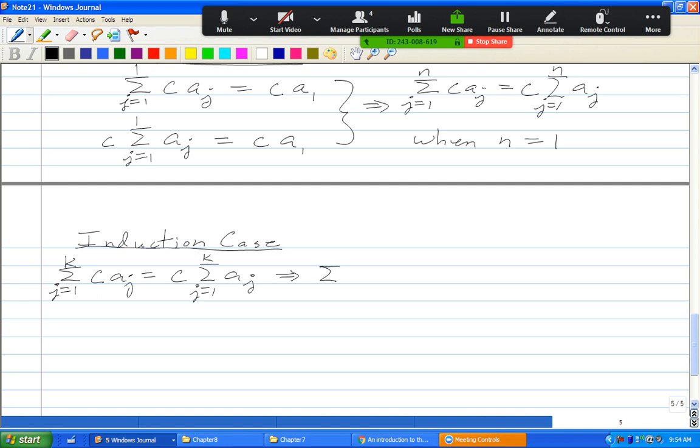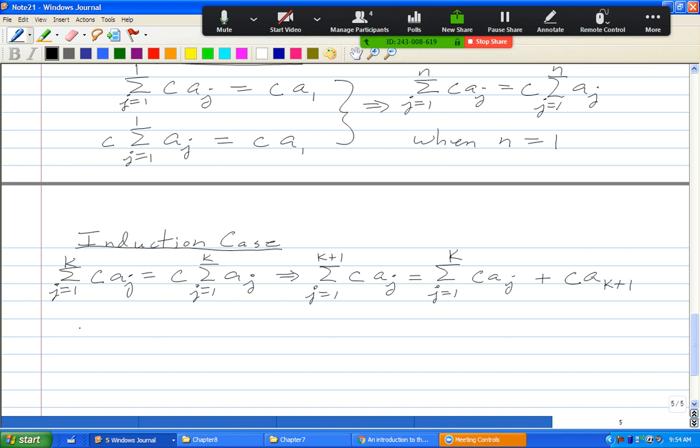Then the sum j equal 1 to k plus 1 of c a j is just equal to, by definition, the partial sum j equal 1 to k of c a j plus the next term, which is c a k plus 1.